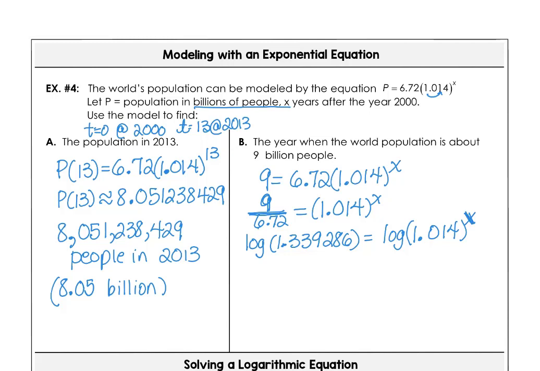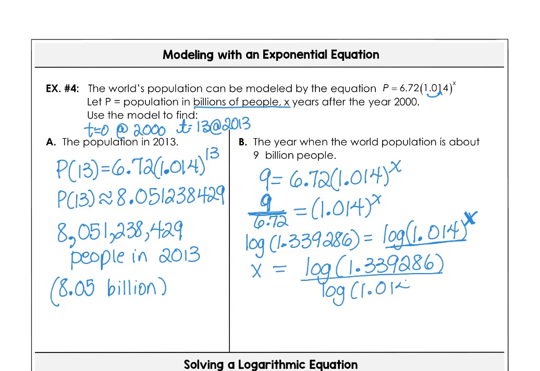Then we can bring the x down in front and divide by the log. So if we divide this log by this log, we would have the log of 1.339286 divided by the log of 1.014.